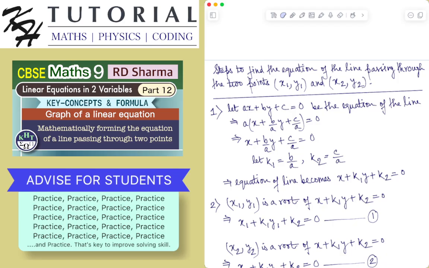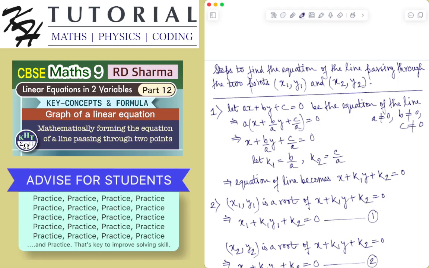Now I will modify this equation a little bit. I will take common a from the left hand side. So it will be a multiplied by x plus b by a y plus c by a equals to 0. Since a is non-zero, I will consider that a is a non-zero constant.